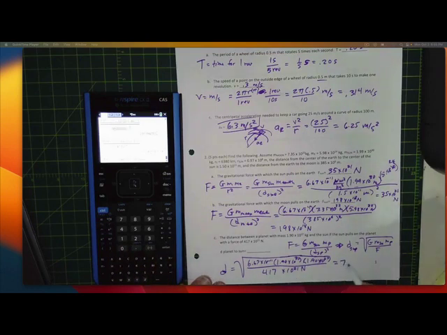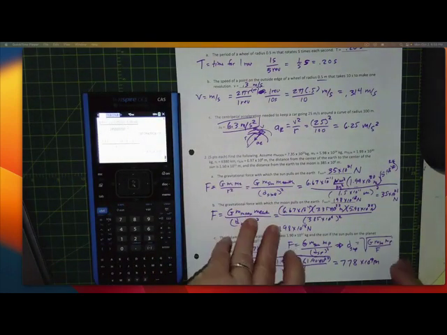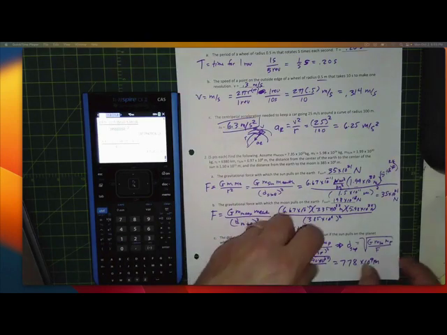All right, so we get 778 times 10 to the 9th. Everything was in standard kilograms, meters, and newtons, so this one will be in meters. So 778 times 10 to the 9th meters. All right, so that's page 1.